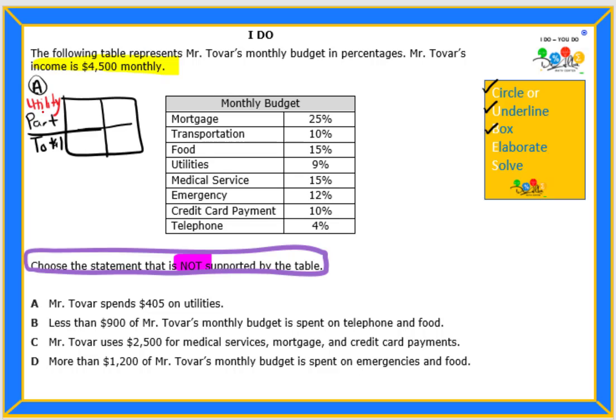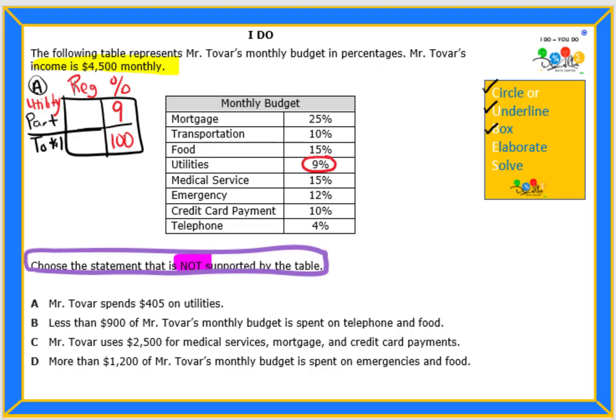That's 9%. So here we're going to put our percents, and here we're going to put our regular numbers. So the percent is 9%, and the total percentage of the budget is the entire budget. The entire budget would represent 100% of the budget.